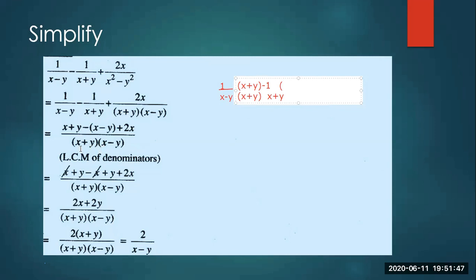Looking at the LCM denominator, x plus y into x minus y, x plus y is there but x minus y isn't.